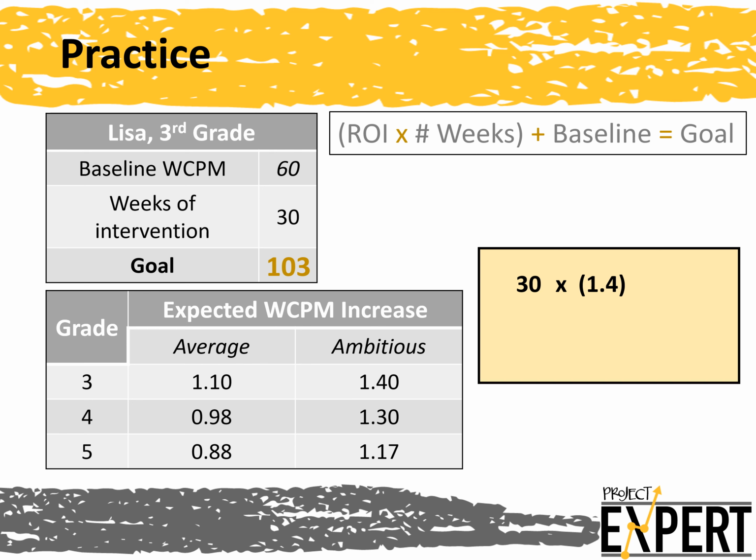However, there isn't one right answer. We multiply the weeks, 30, by our expected rate of growth, 1.4, to get a total rate of growth from now to the end of the year of 42. We add 42 to her baseline, where she started, 60, to get the final goal of 103 words correct per minute for Lisa.